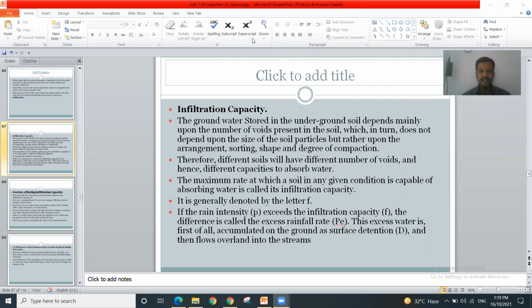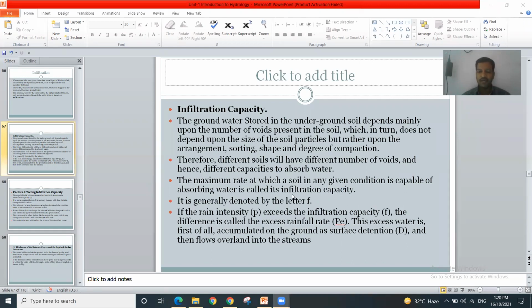If the rain intensity P exceeds the infiltration capacity f, the difference is called excess rainfall. Excess rainfall is denoted by PE when rainfall intensity exceeds the infiltration capacity.